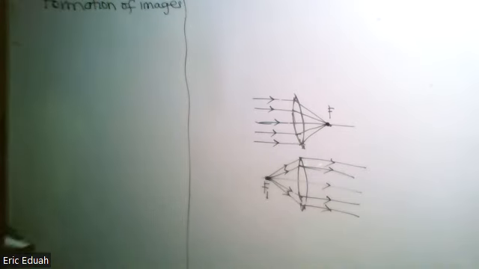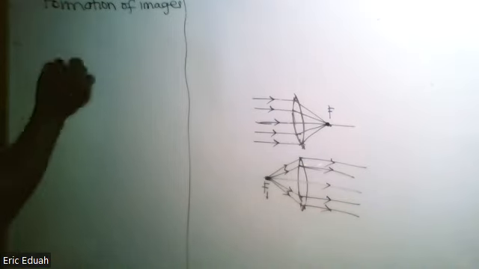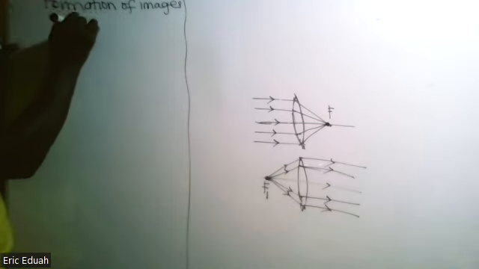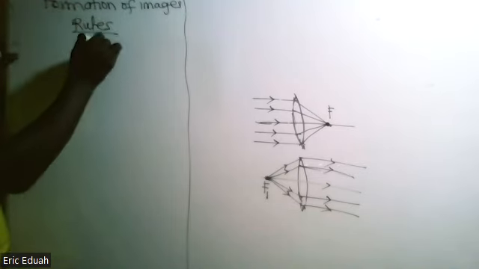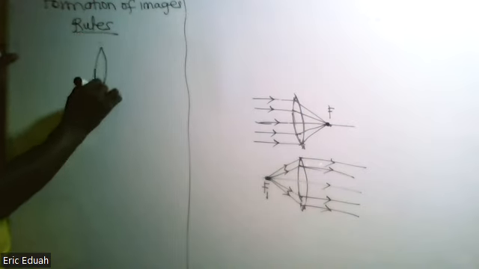Formation of images. It is the same as what we saw on the mirror. There are three main rules in doing this, which apply to both convex and concave.